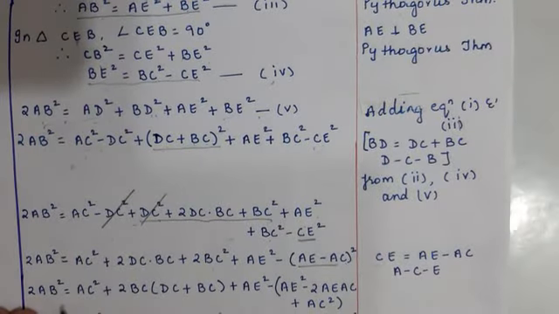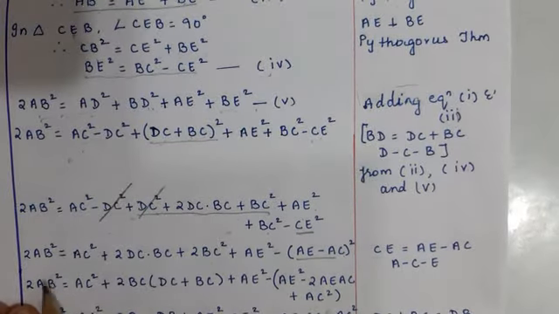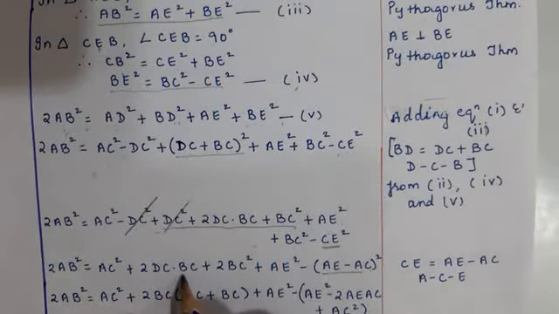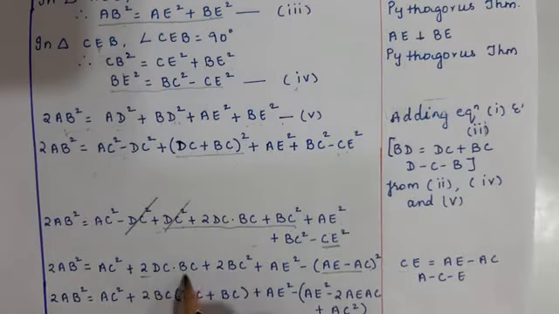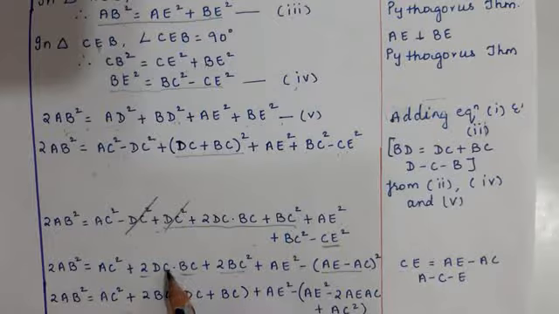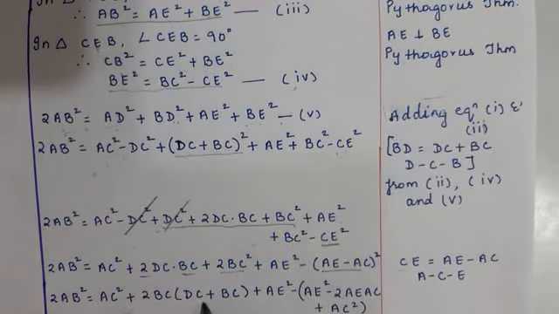Now here we have 2AB square equals AC square plus 2BC common, children. If I take 2BC common, we have DC left in this term and BC from this term.